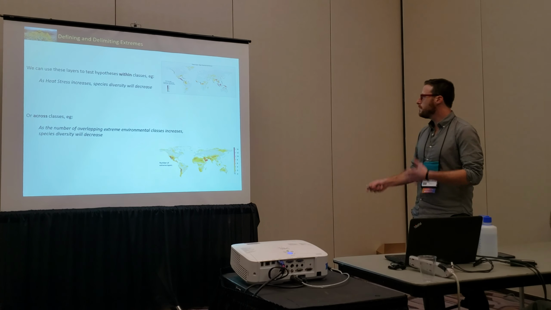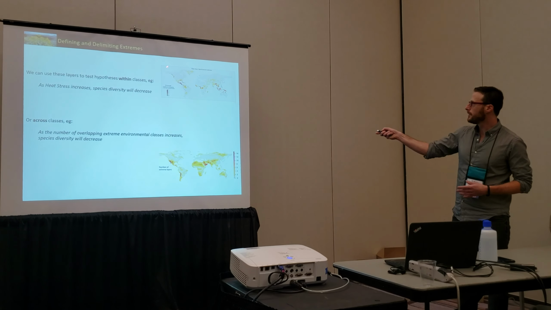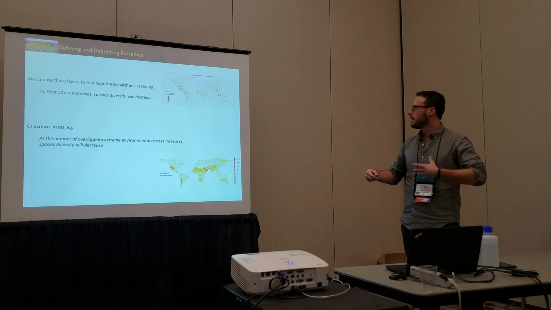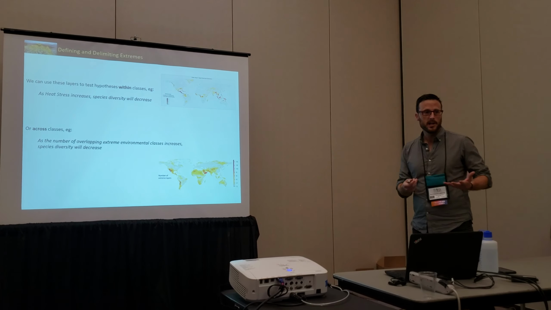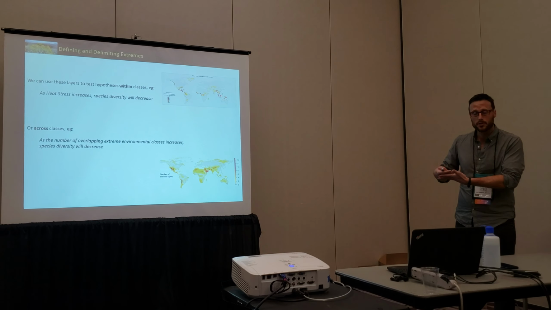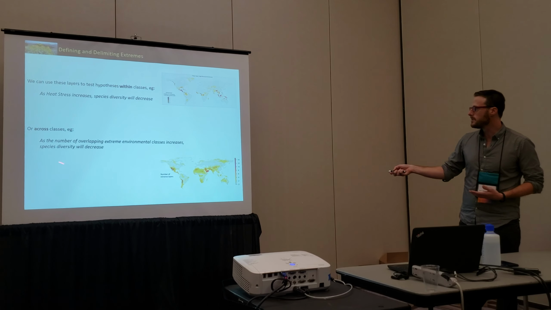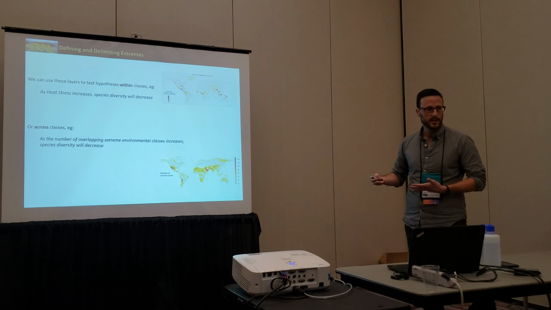Okay, so now we have the individual classes, so we can ask questions about whether, say, species diversity changes as you get more and more wet extreme or more and more heat extreme. But we can also ask whether you get more species diversity as all those extremes increase together.